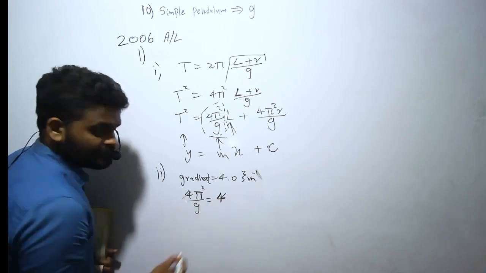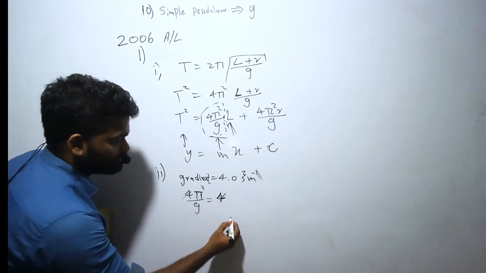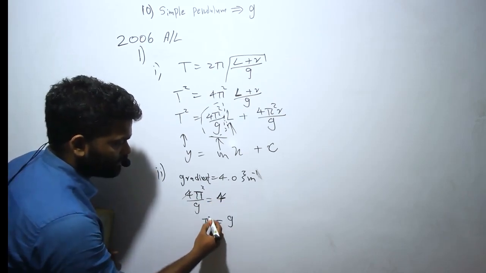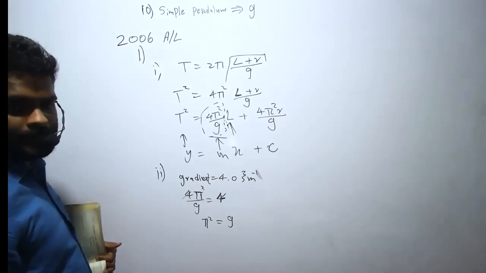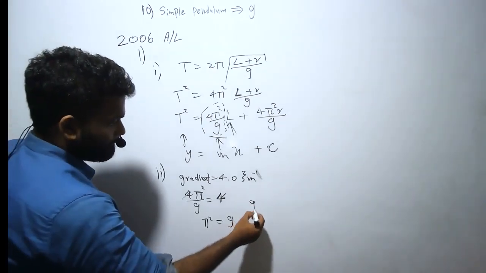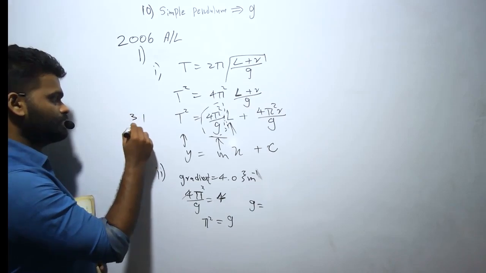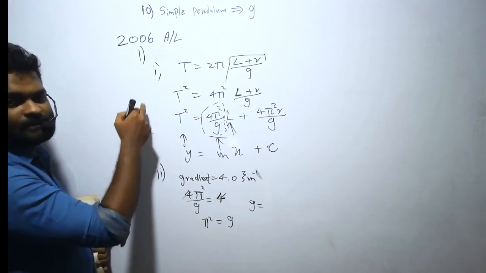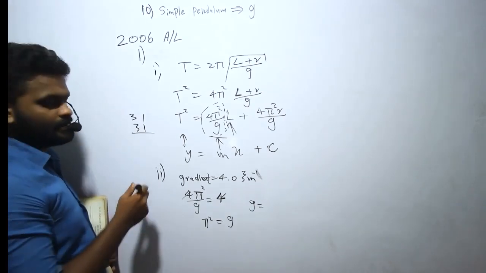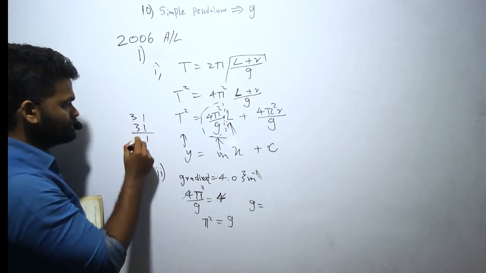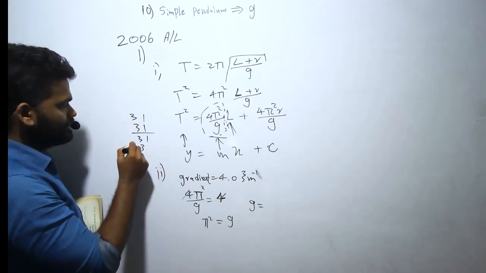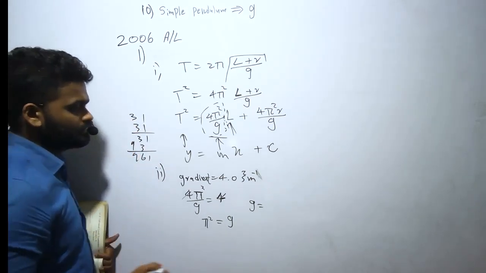Okay, 4 cancels off. Cross multiply, g is equal to pi squared. Pi squared, they say 3.1. You can easily multiply 31 by 31, right? So 1, 3, 3, 9, 961.